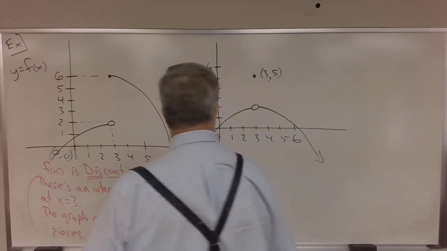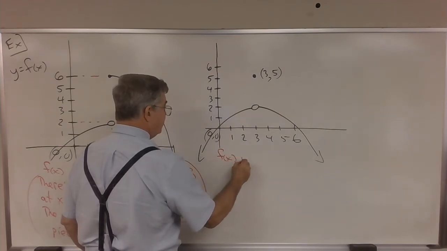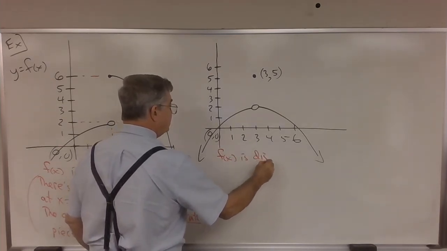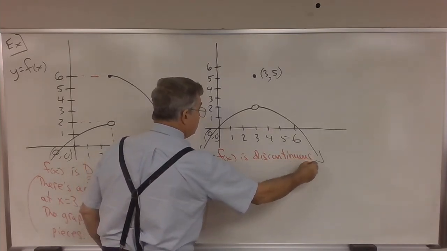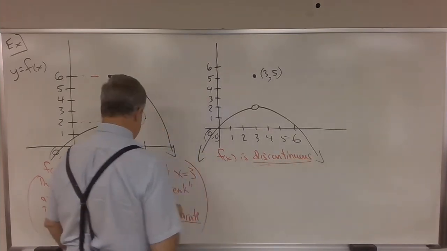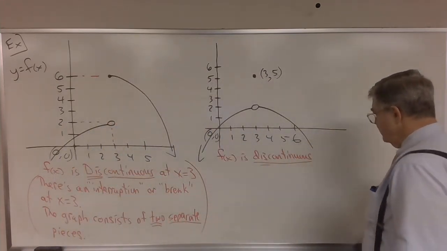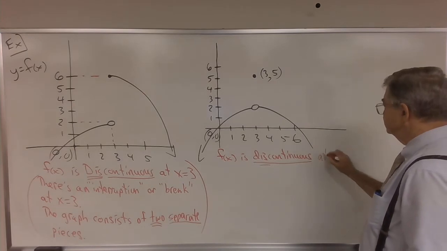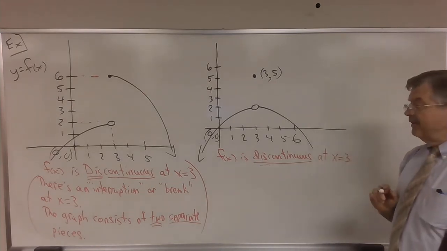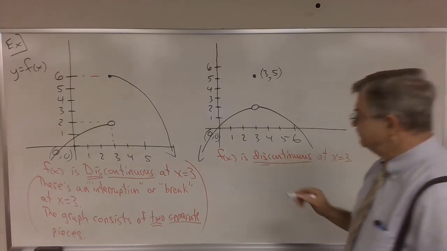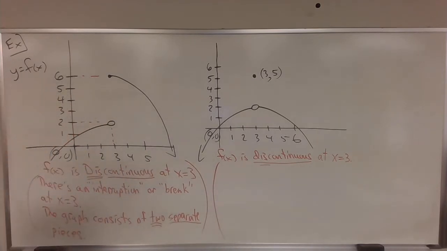So here's what I'm going to say. I'm going to say f of x is discontinuous at x equal 3. And I have to give my reasons. What's my first reason?